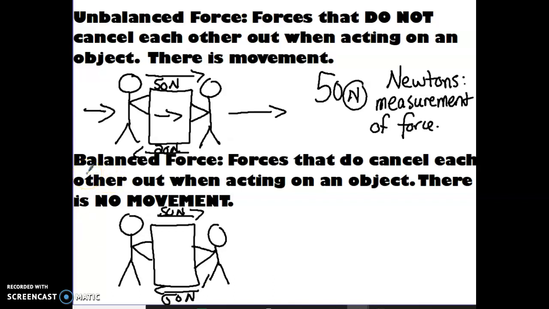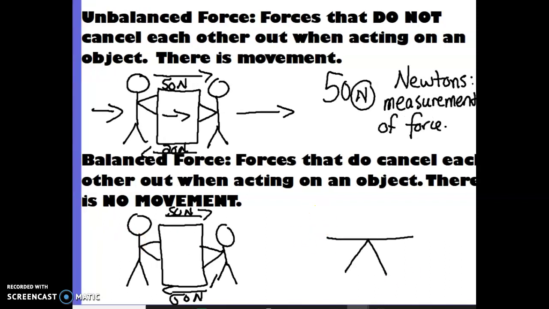Just think about going outside on a seesaw, right? It's going to be really hard to draw on here, but if you're outside on a seesaw and it is like this, the seesaw is balanced. It's not moving. Why is it not moving? Because there's an equal force on each side.